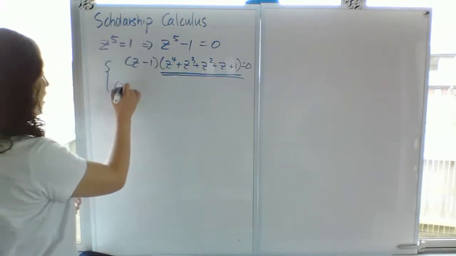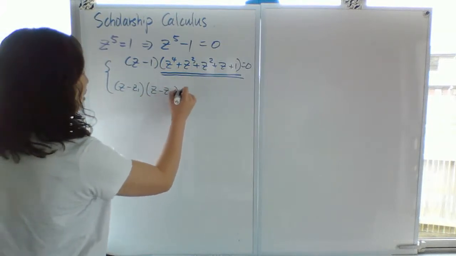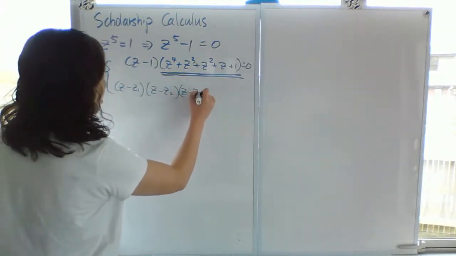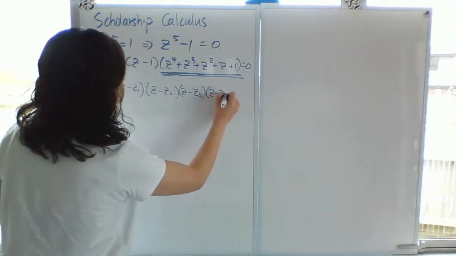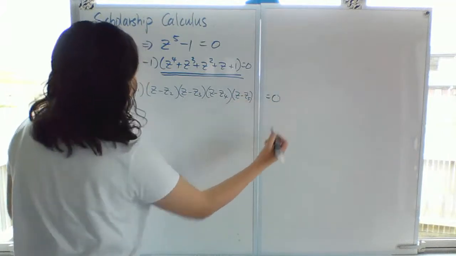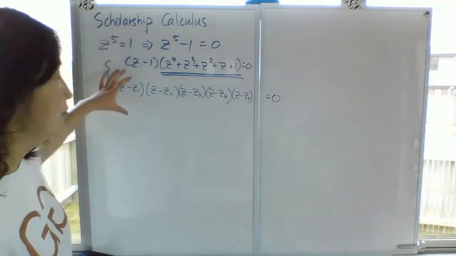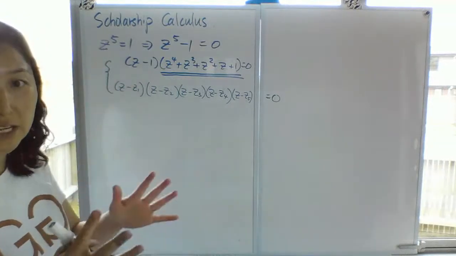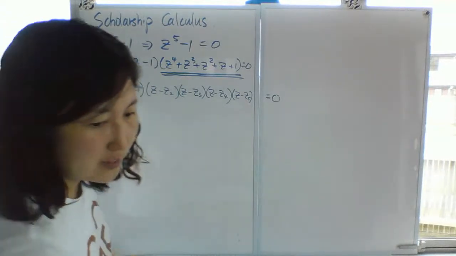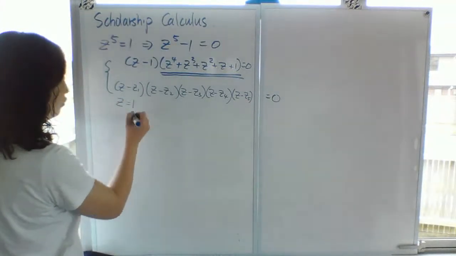So I can say that z take away z1 multiplied by z take away z2 multiplied by z take away z3 multiplied by z take away z4 and multiplied by z take away z5 equals 0. These two equations are equivalent to each other, actually showing the same thing. Now, what I can do here is assume the first solution, z1, is equal to 1.